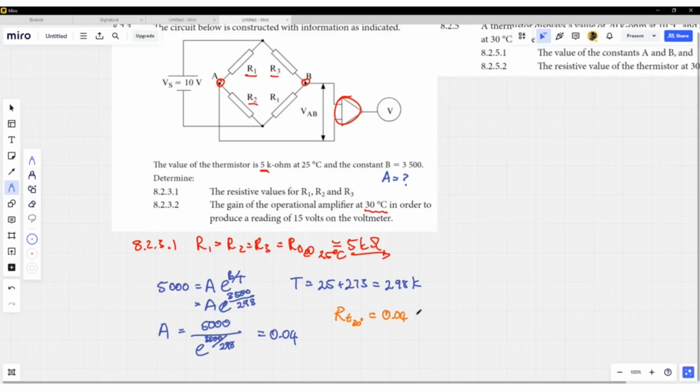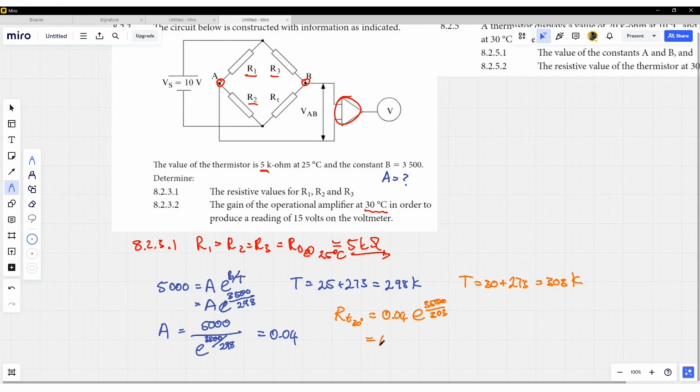So A multiplied by e to the power of, so now we need to calculate our new Kelvin temperature here for 30 degrees C. That is then 3,500 divided by 303, 0.04 multiplied by e to the power of 3,500 divided by 303.